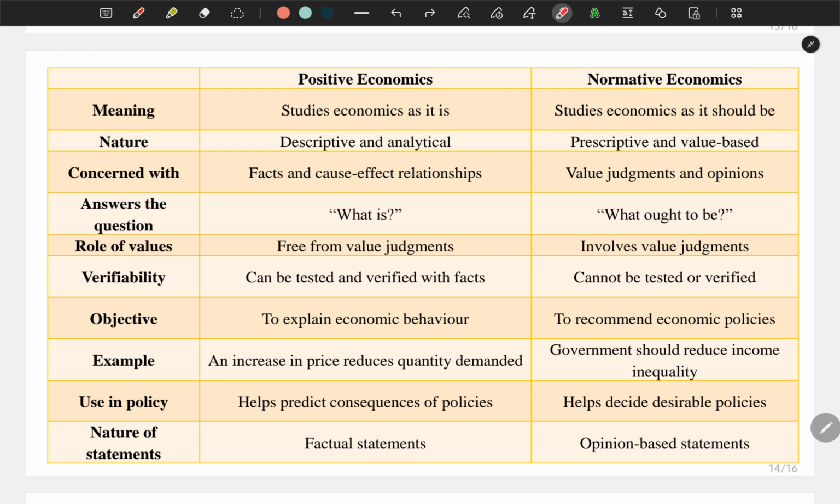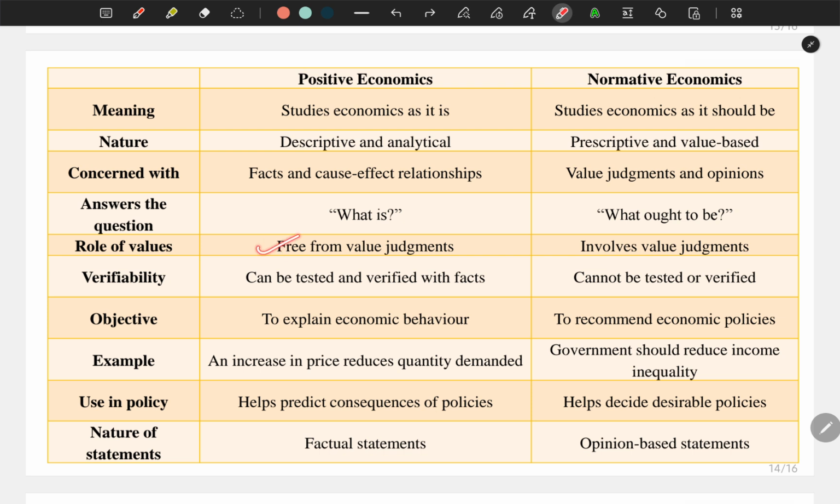Positive economics is concerned with facts and cause-effect relationships, but normative economics is based on value judgments or opinions. Positive economics answers the question of what is, but normative answers what ought to be.